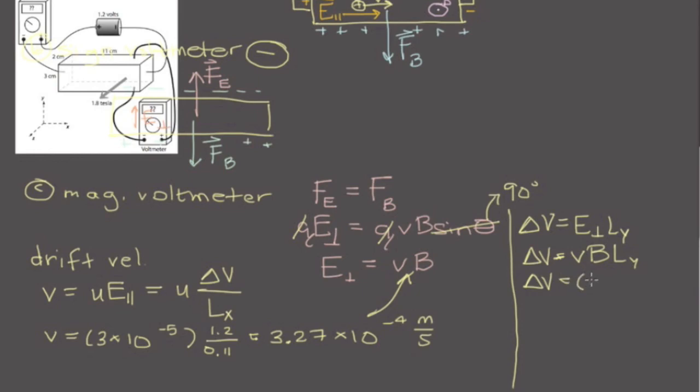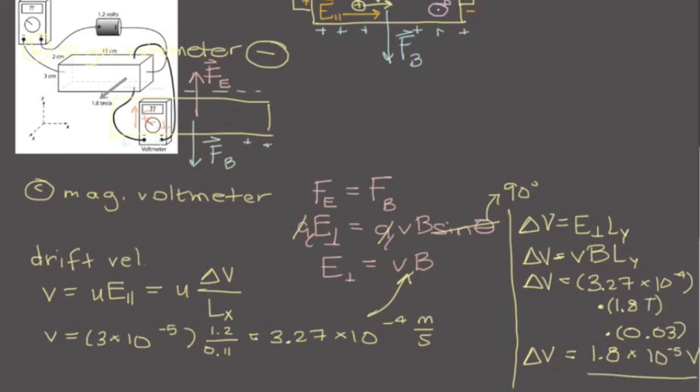So my V is 3.27 times 10 to the negative 4 meters per second times the B, which is 1.8 Tesla, times the length in the Y direction, which they've drawn in as 3 centimeters, so I'll write that as 0.03 meters. And what I end up getting in this case is that my delta V, just plugging everything in, is 1.8 times 10 to the negative 5 volts.